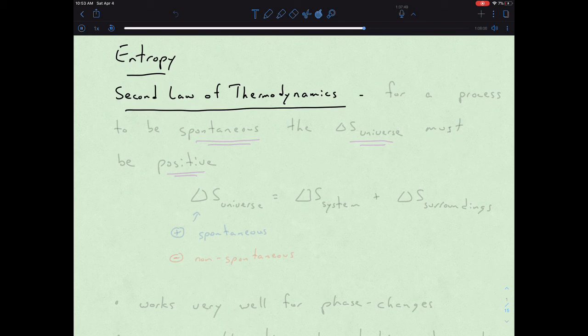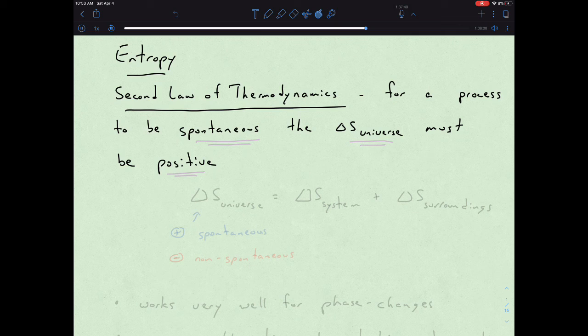And basically what the second law said was that for a process to be spontaneous, the change in entropy of the universe must be positive.